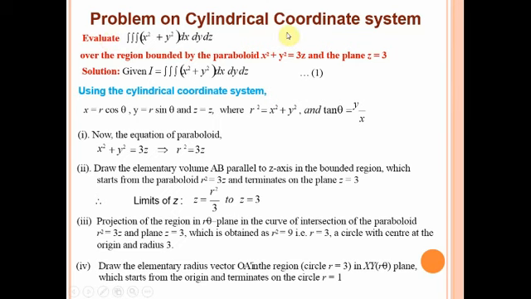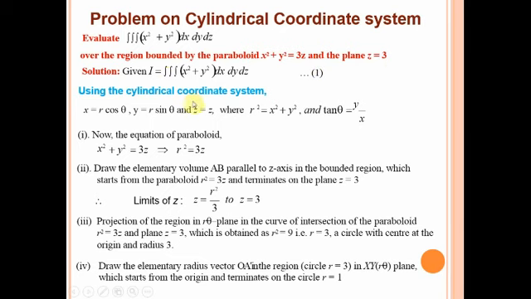Now let us take one example of how to solve in the cylindrical coordinate system. Triple integration of x square plus y square dx dy dz, we have to find the value of this over the region bounded by the paraboloid x square plus y square is equal to 3z, and the plane z is equal to 3.